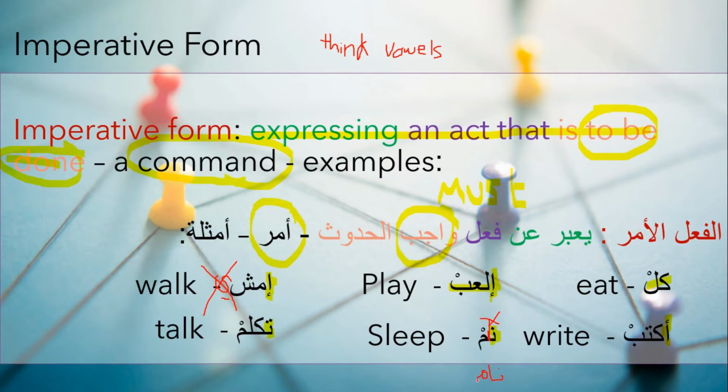So it's alif, but still you have to remove it from the roots, and we express it with the imperative alif. In the word walk, we don't say imshi, we say imsh. In the word nam, we don't say naam, we say nam. In the word akala, we don't say akala, we say kul.